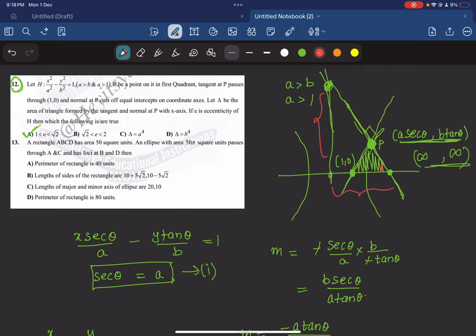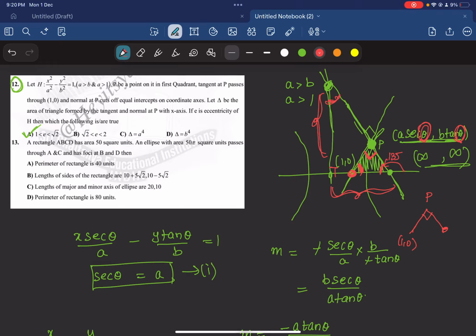So this angle is 45 degrees and this is 90. This is also 45. Alright, so this is 45, this is 45. These two lengths are equal. This is what we got. Now, if this is 45 and this angle is 90 degrees, since one is tangent and the other is normal, so this also will be 45. Alright. This is a right angle isosceles triangle. So this is your P. This point is (1, 0), and this is where it intersects.